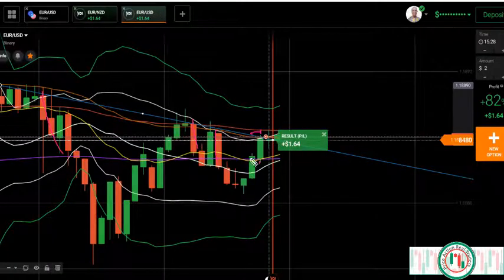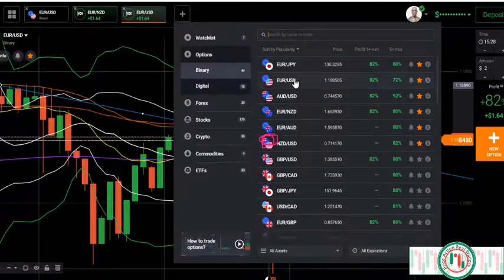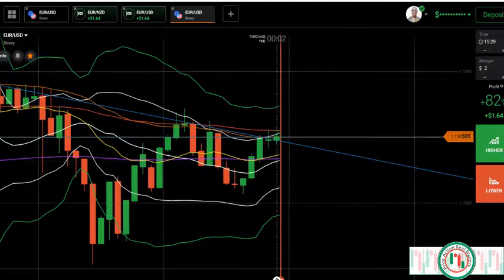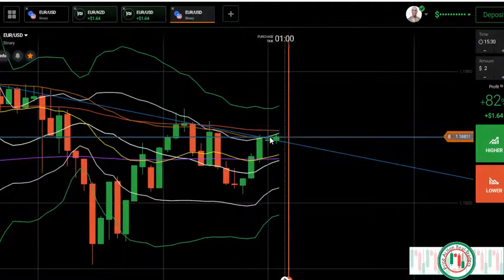So maybe in the next candle market will break this level because these sellers enter, few sellers enter this candle. So that means market is trying to break this level.